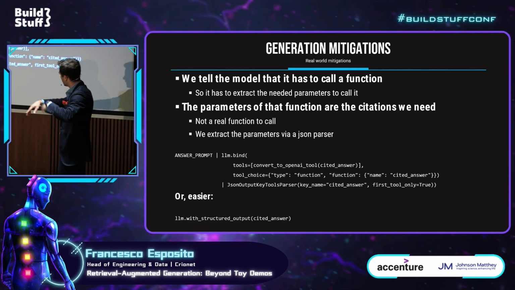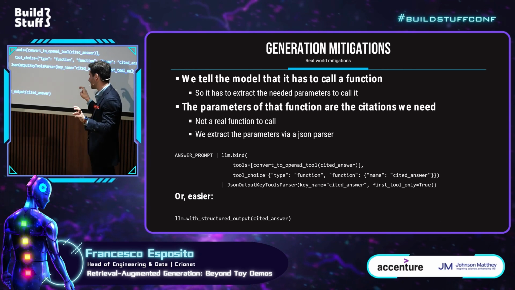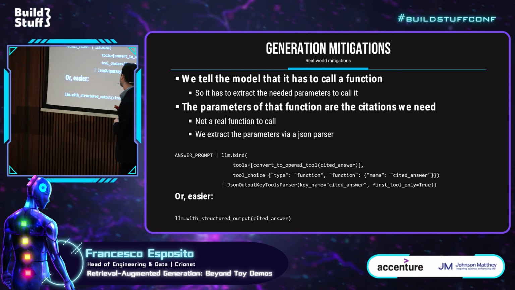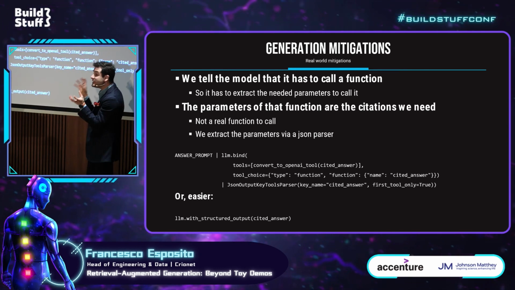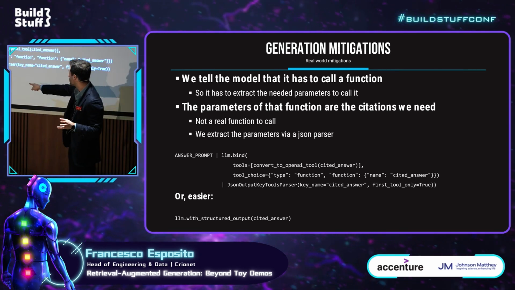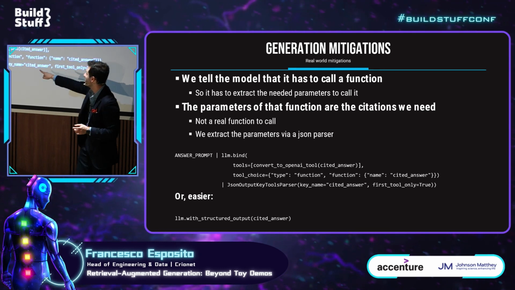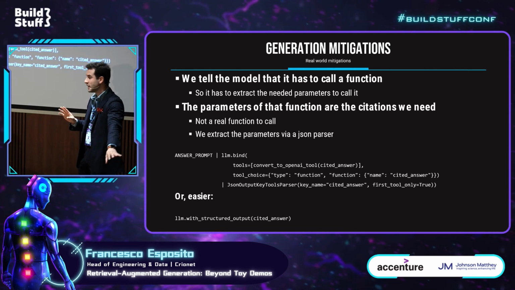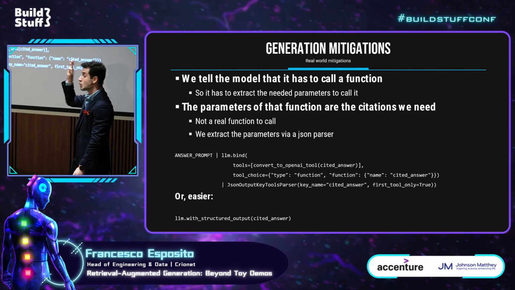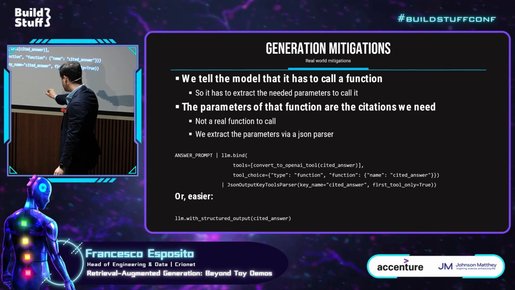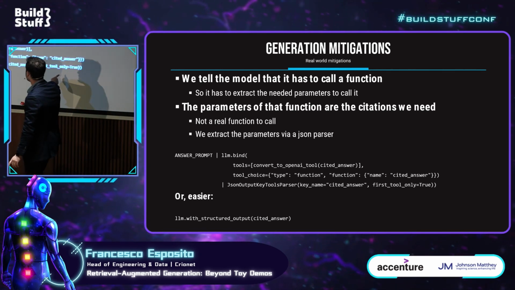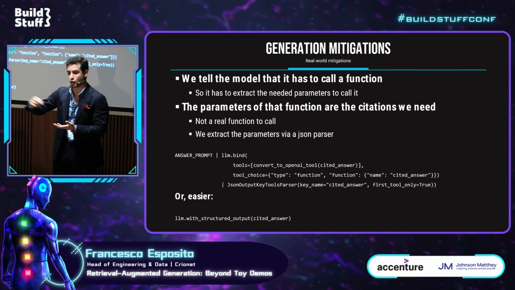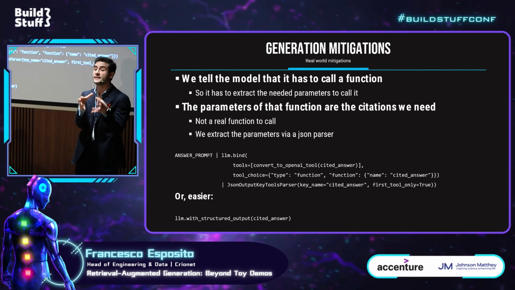LangChain and Llama Index have hidden all this dirtiness behind the with structured output syntax. But what's really happening under the hood is this: we are adding a tool to the large language model, saying, please call this specific function, and then we are using a JSON parser to extract the needed parameters from the fake function call the model has made.